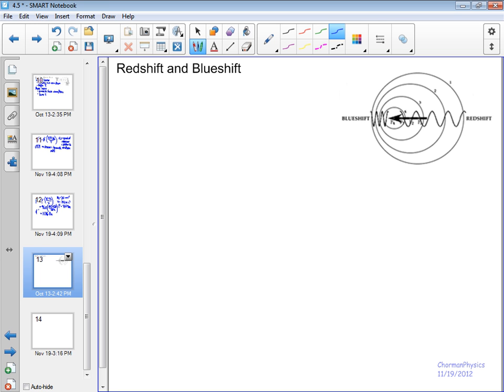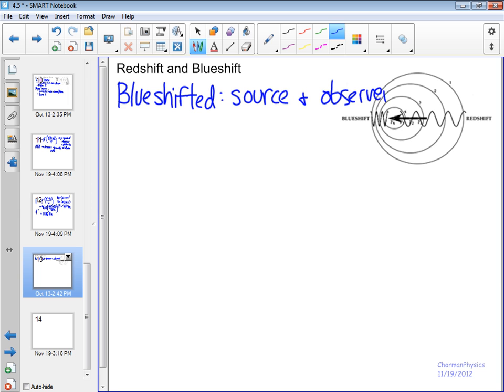When the source and the observer have relative movement towards each other, we end up being blue shifted. We can think of that as the frequency increasing or the wavelength decreasing. This is any time the relative movement between the source and the observer are towards each other, so here we don't care which one's moving.